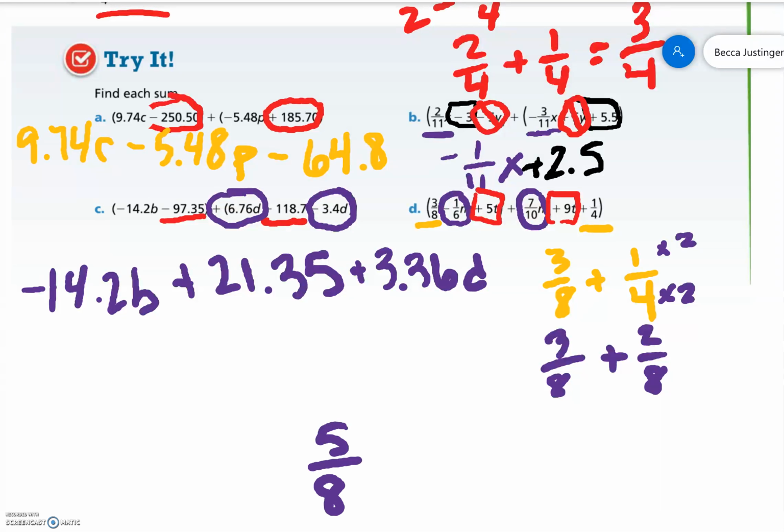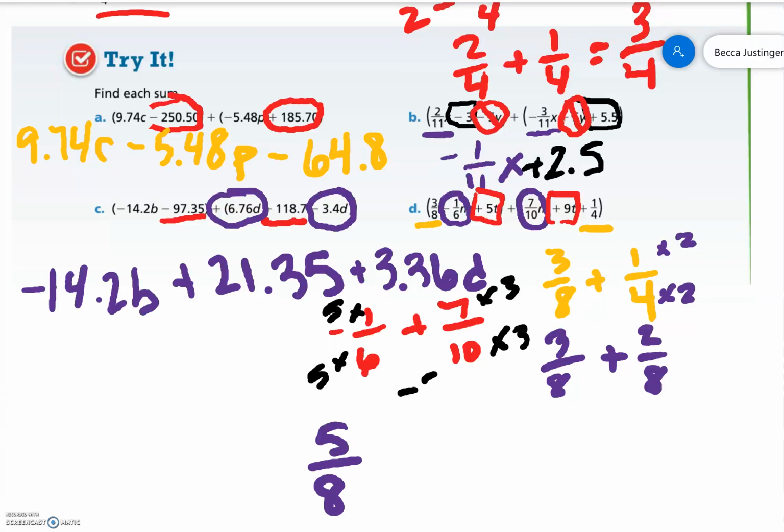So I've got 5/8. Then same thing, I've got a -1/6 and I want to add 7/10. So my common denominator would be 30. So I'm going to multiply this by 5, multiply this by 3.